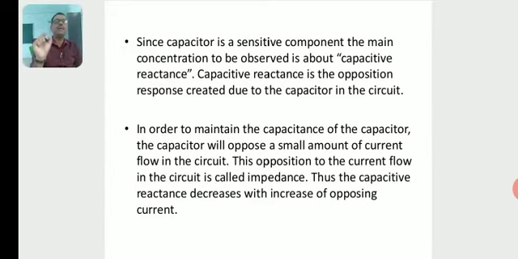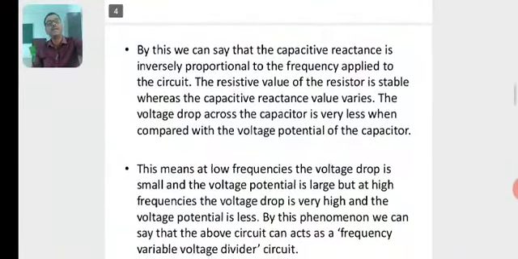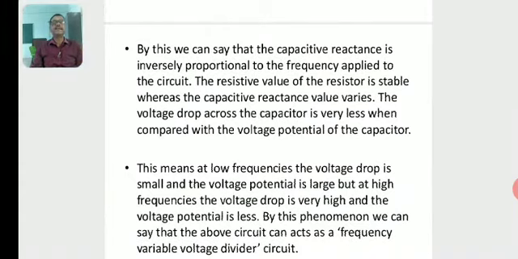This opposition to the current flow in the circuit is called impedance. Thus, the capacitive reactance decreases with the increase of frequency. By this, we can say that the capacitive reactance is inversely proportional to the frequency applied to the circuit.